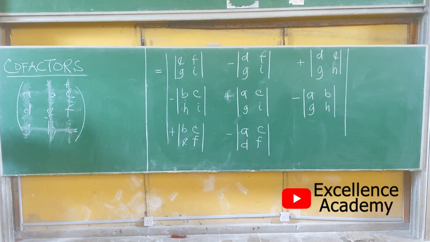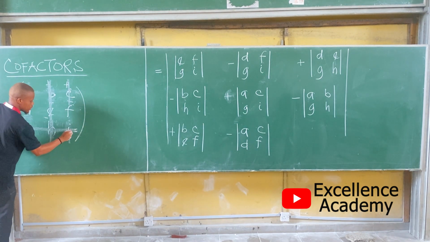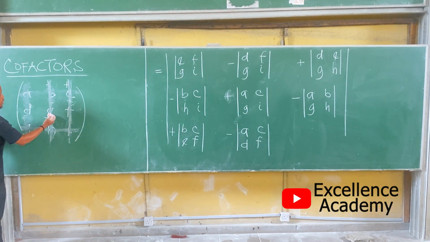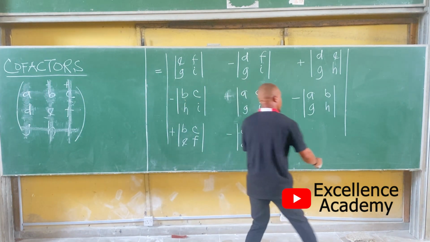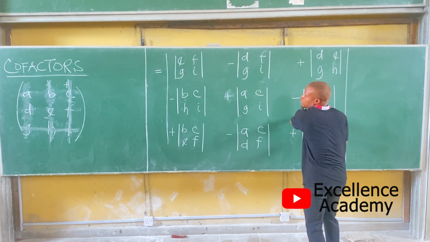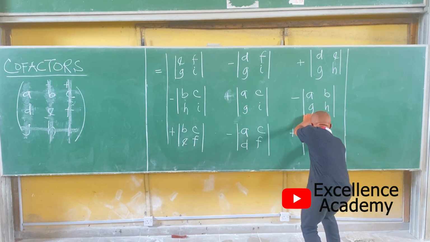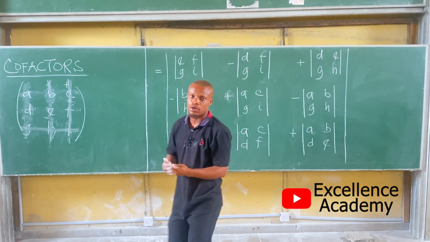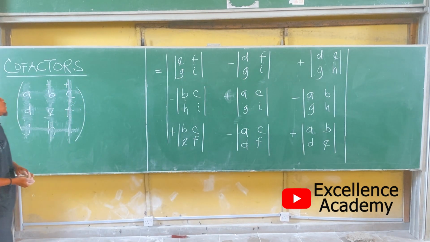Alright, for the last one there, I'm having an I, right? Cover the last row and the last column. What are the elements left there? I'm having A, B, D, and E. So I'm having a positive A, B, D, and E. Alright, so this is the first step in finding the cofactor of a given matrix.